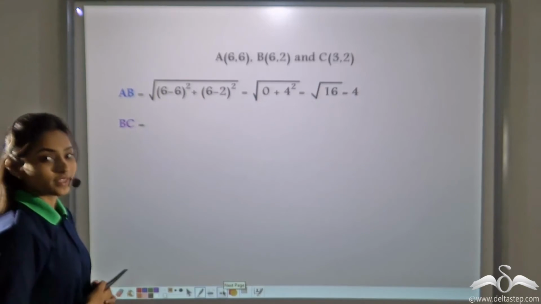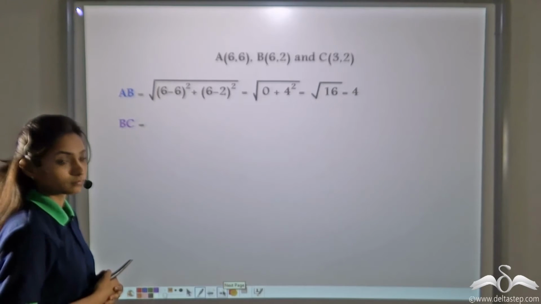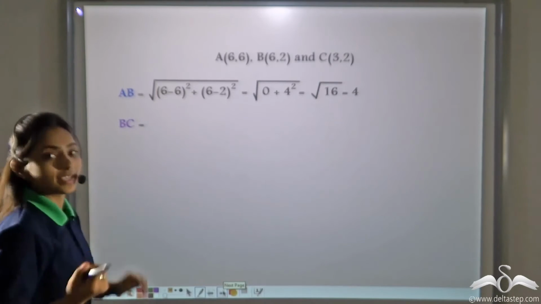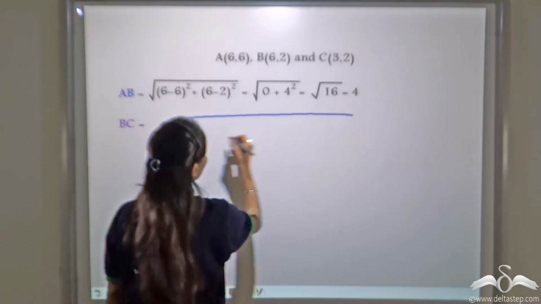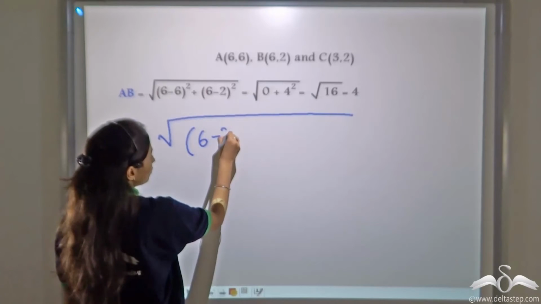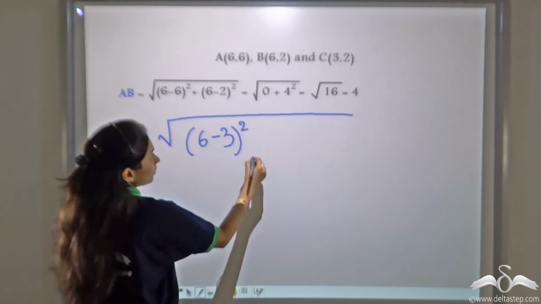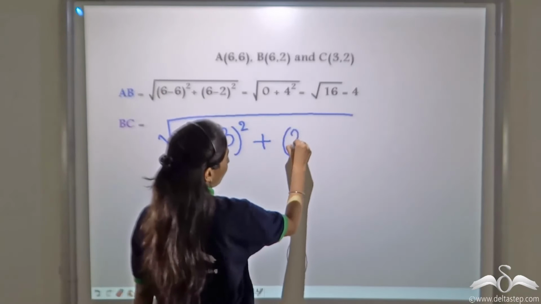Now can you find out BC for me? Let's take out BC together. Well, BC is root over 6 minus 3 whole square plus 2 minus 2 whole square.